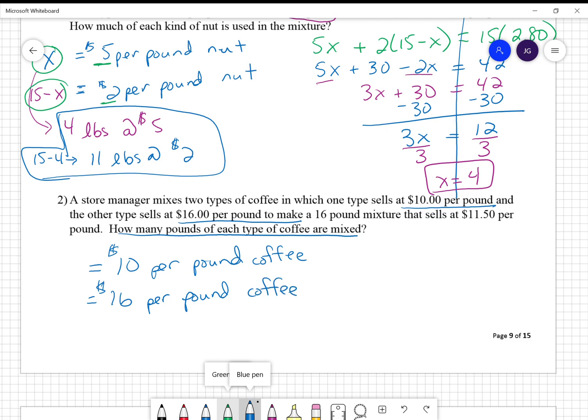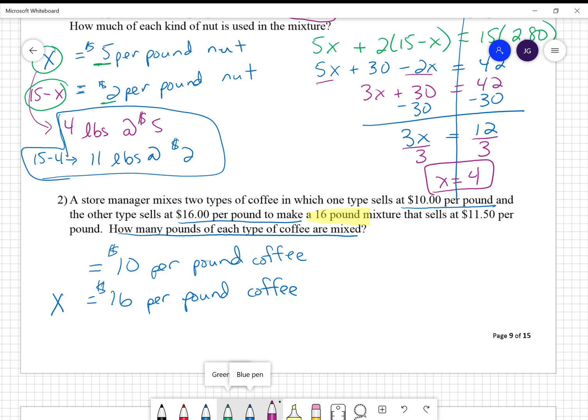Which one's X? To make it easier on yourself, make the more expensive one X. Now, the other one. What's the total pounds? 16.